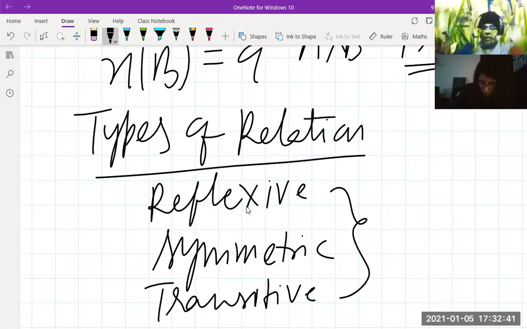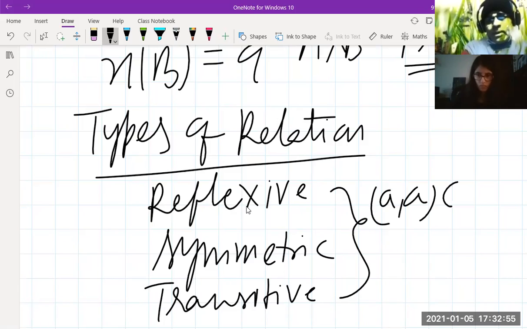Relations are of three types: reflexive relation, symmetric relation, and transitive relation. A reflexive relation is one where, suppose, (A, A) is an element of R. If the same elements exist in domain as well as range, then we say it is a reflexive relation.